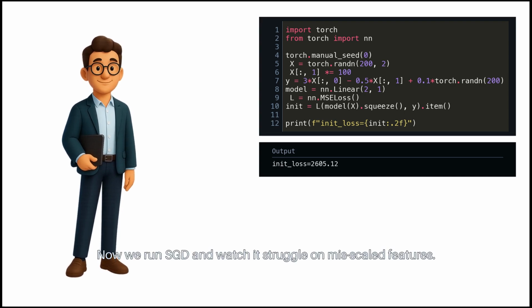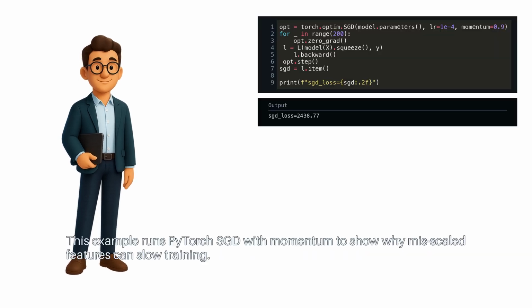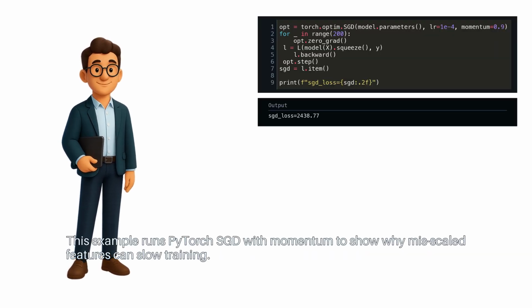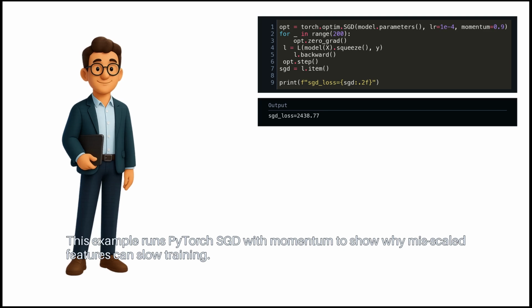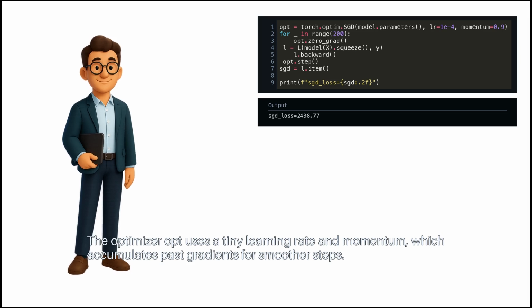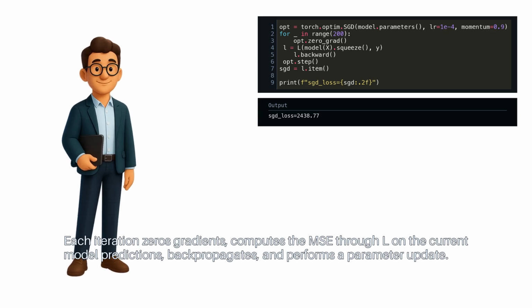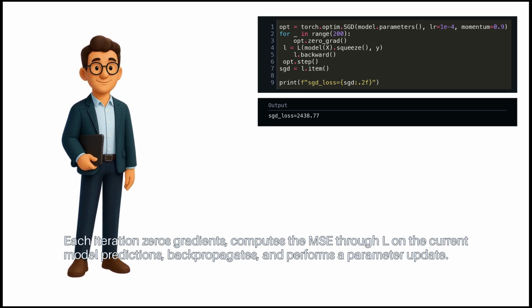Now we run SGD and watch it struggle on mis-scaled features. This example runs PyTorch SGD with momentum to show why mis-scaled features can slow training. The optimizer opt uses a tiny learning rate and momentum, which accumulates past gradients for smoother steps. Each iteration zeros gradients, computes the MSE through L on the current model predictions, backpropagates, and performs a parameter update.